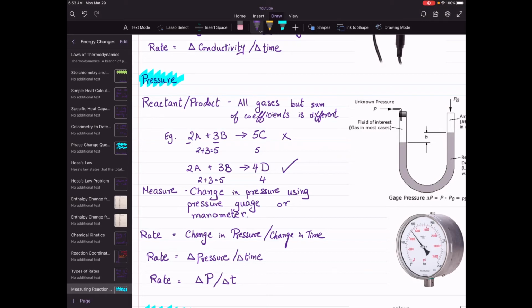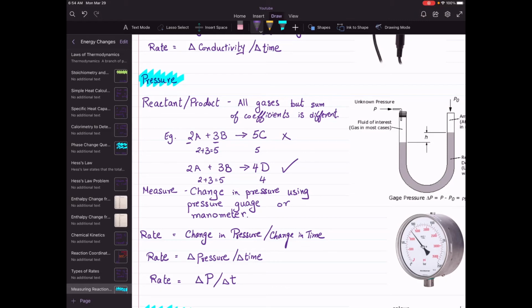If the solution level on the gas side is higher than the atmospheric pressure, you can determine what the pressure overall is by taking the atmospheric pressure and adding h to it. And if it is below, then you subtract h from it because it is lower than the atmospheric pressure. Okay, so it is in relation to the atmospheric pressure. Right, so that is how a manometer works.